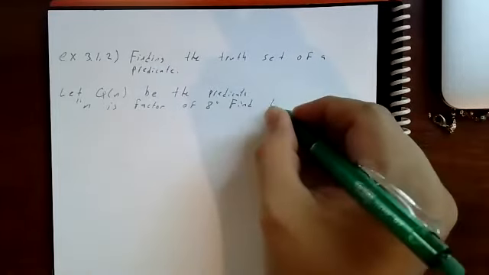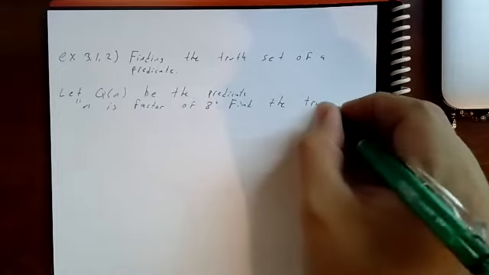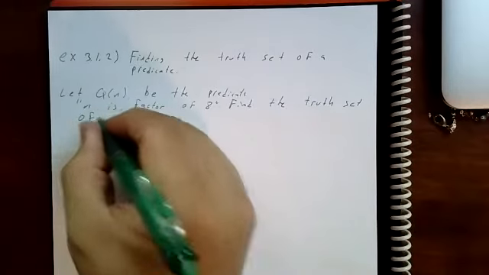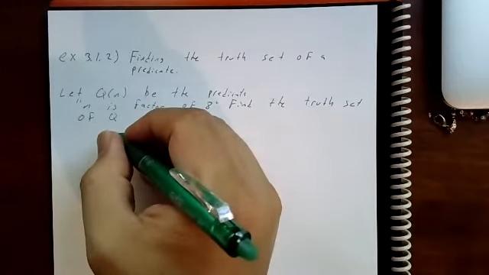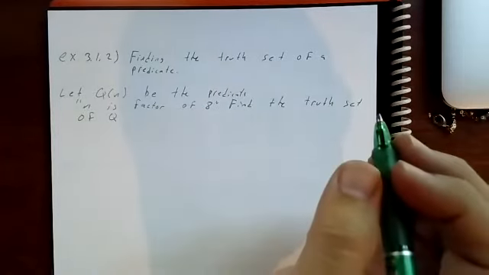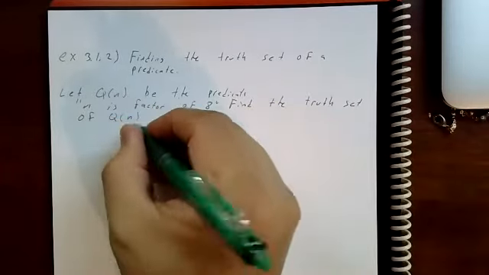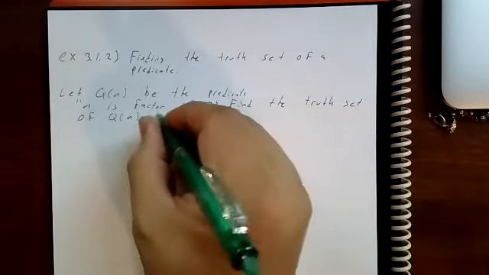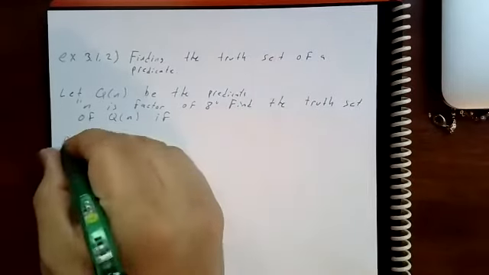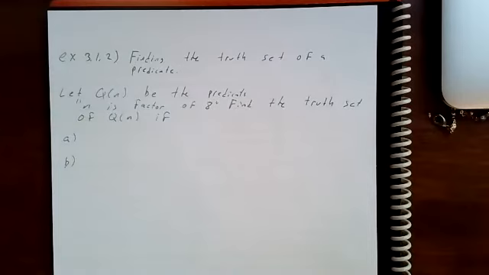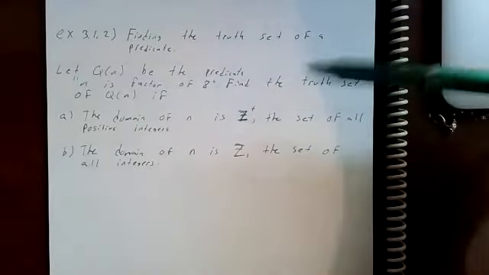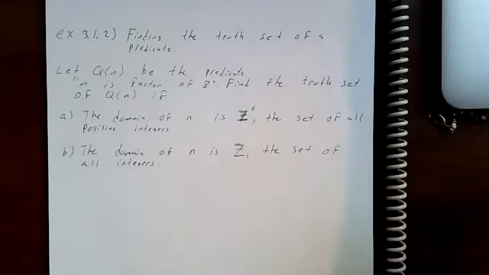Find the truth set of Q of n if, here's part A and part B. So we'll pick two different domains for part A and part B, and we've got to locate what the truth set is.